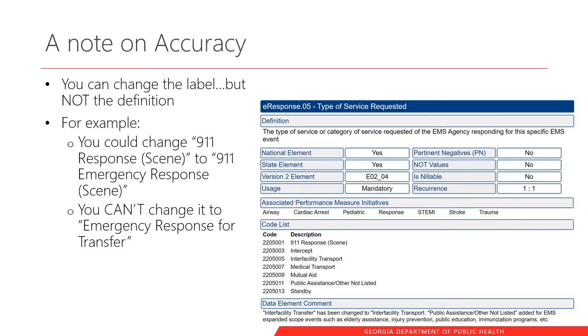Because if you do, and you're not collecting the right things, then the medic may be thinking that they're clicking on the right button or the right value for a button, but when it comes across to our system, the only thing that another software vendor sends to us is that code. And if that code that was chosen was not correct, then we're going to get wrong data, and that's not going to be very useful for the hospitals, and for the patient in the long term, that continuity of care that they need. So again, do not change the definition of an element's value. You can change the label slightly, but don't change the definition of it.